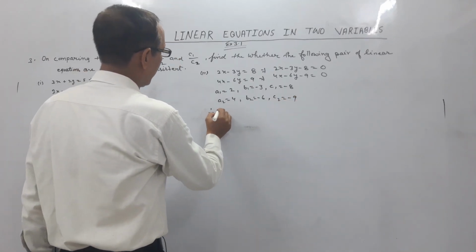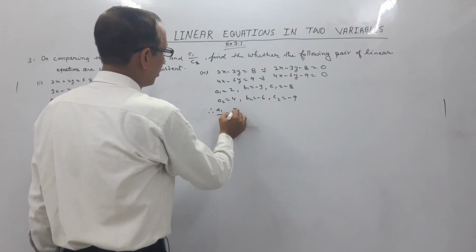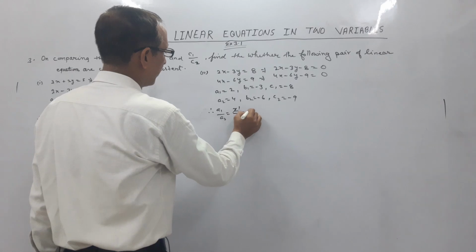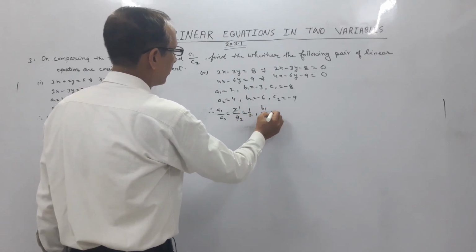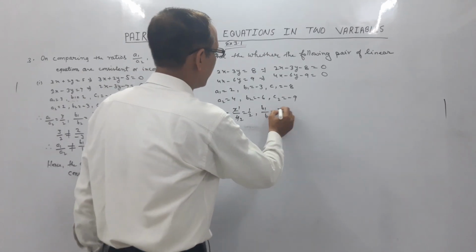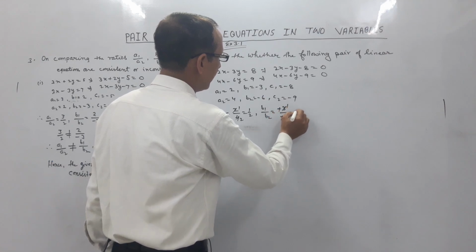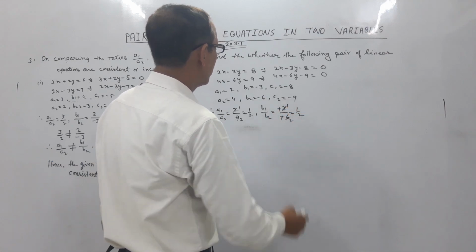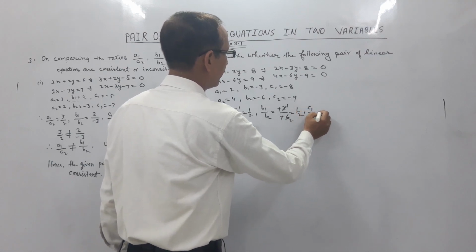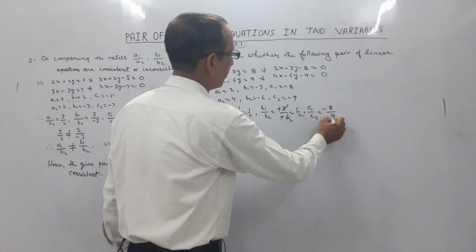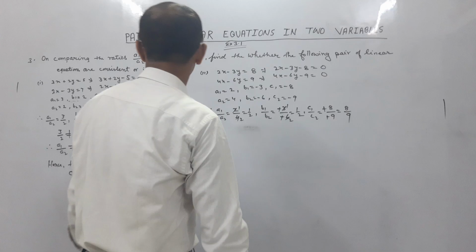So therefore A1 by A2 equal to 2 upon 4, cancel, equal to 1 upon 2. B1 by B2 equal to minus 3 upon minus 6, cancel, this is also 1 by 2, and C1 by C2 equal to minus 8 upon minus 9, so 8 upon 9.